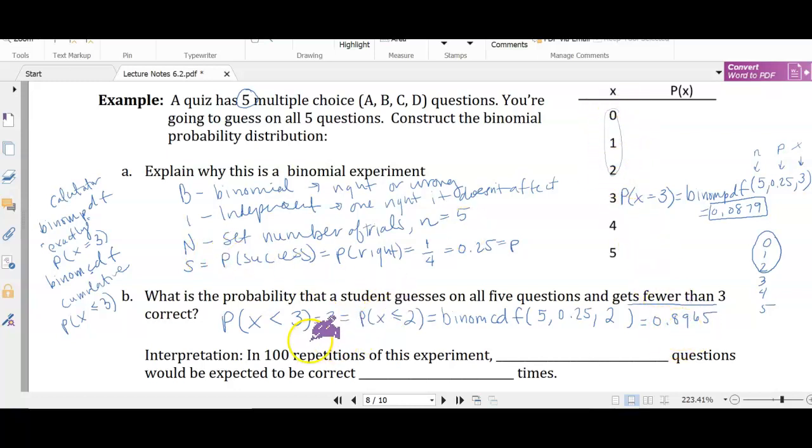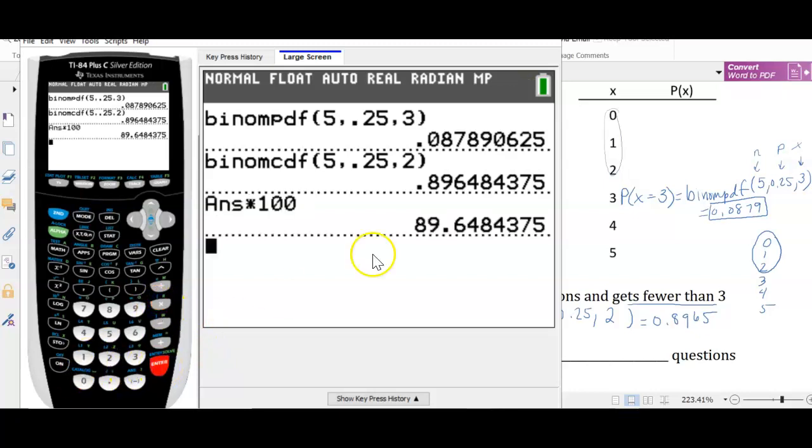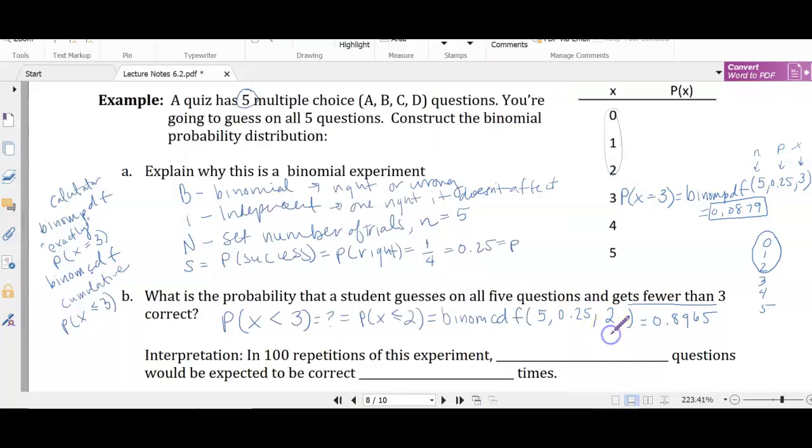Okay? So the interpretation of this is, in 100 repetitions, you take this number 0.8965 and multiply it by 100, and you round to the nearest integer, which is about 90.